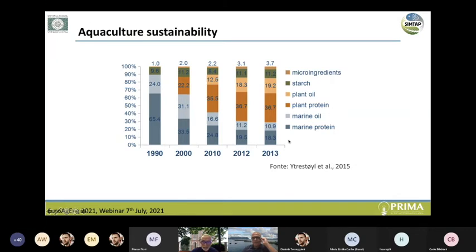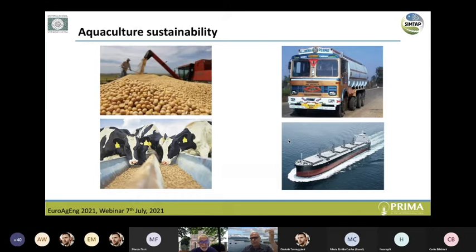So already something has been done to increase aquafeed sustainability. But we are not happy. We are switching into another dimension, which is aquaponics, which is high-tech systems, and in this case we can also try to work to avoid the CO2 produced for the transportation of the raw materials, I mean, the ingredients of aquafeeds.